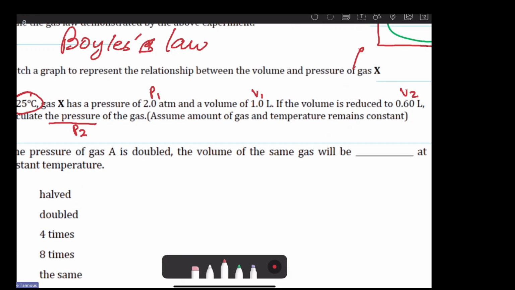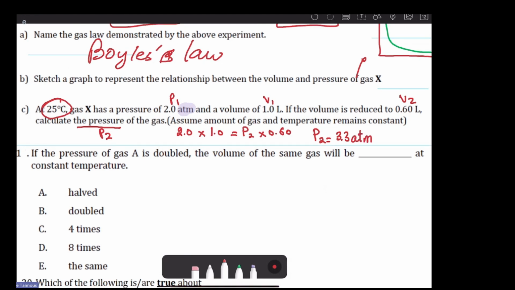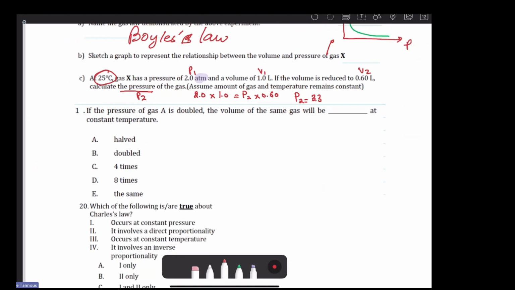So P1 times V1 equals P2 times V2, and the new pressure will be equal to 3.3. Now, for the unit, the first pressure is given in ATM, which is atmosphere. So the unit is in atmosphere.